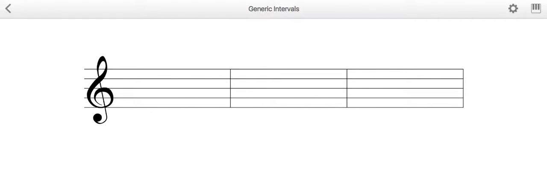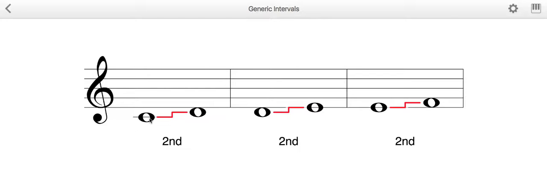Now, as the notes become further apart on the staff, the interval between them increases. So here we have C to D. That is a second, and we count that by starting on the first note and going up the staff. So here we have 1, 2.